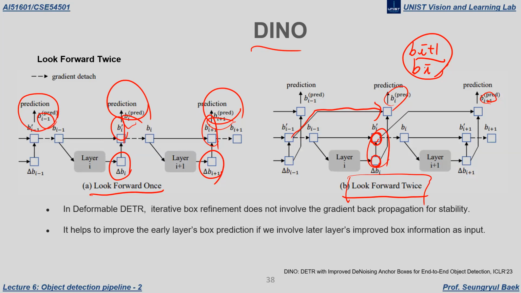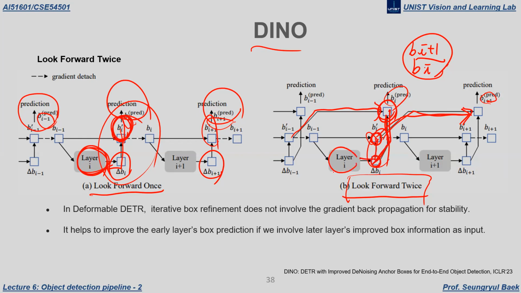Previously, this layer was trained by this output only, right? The gradients flowed from this only. But here, there's some direct connection to a later layer, and also we have a connection to the current layer output.